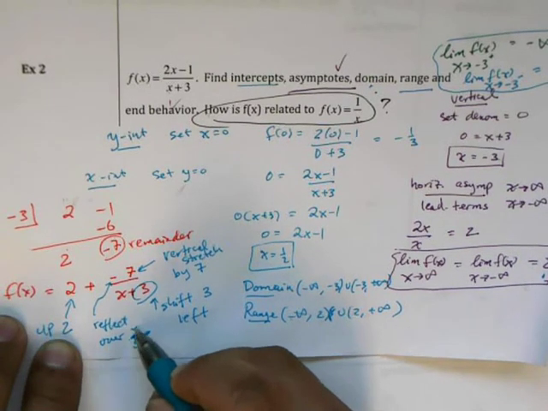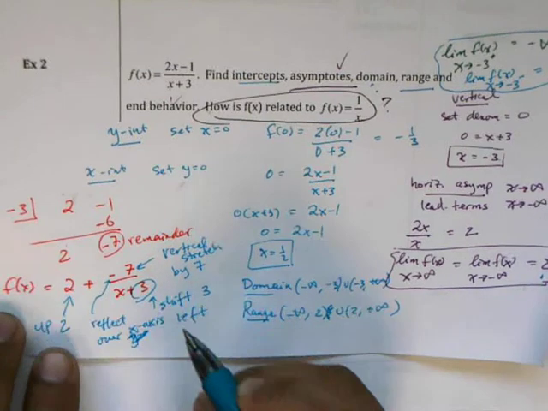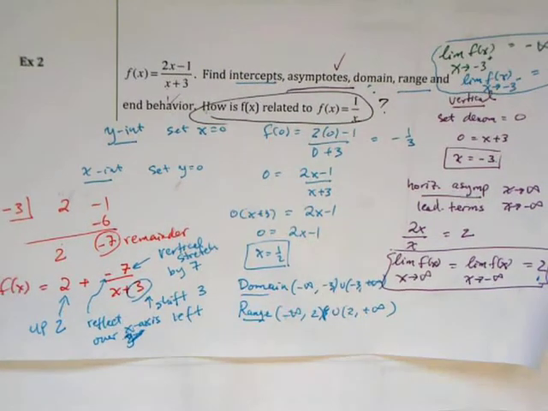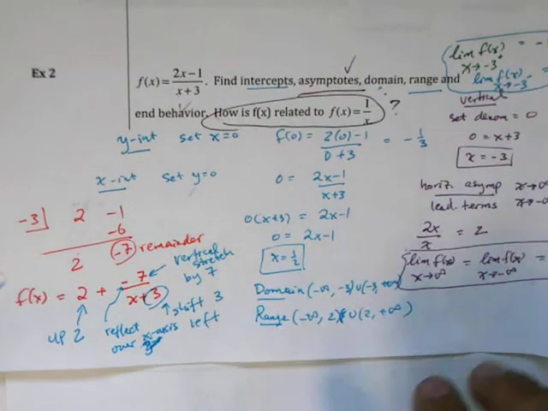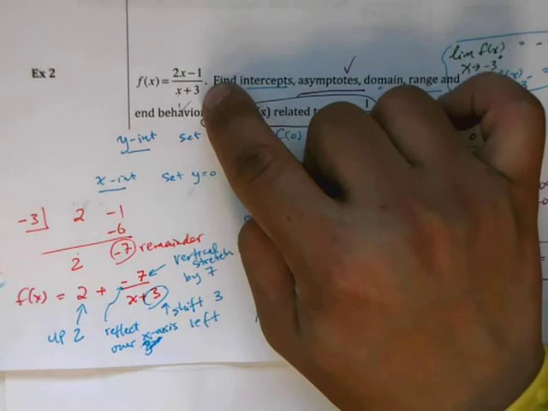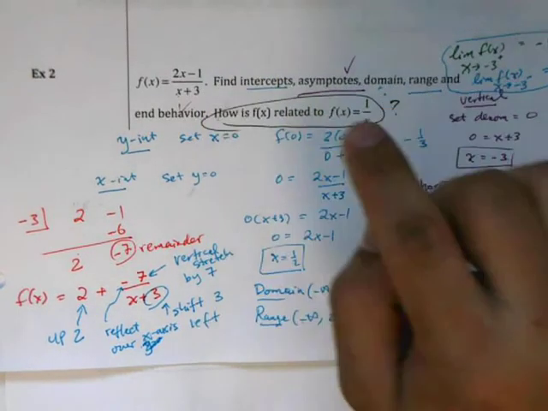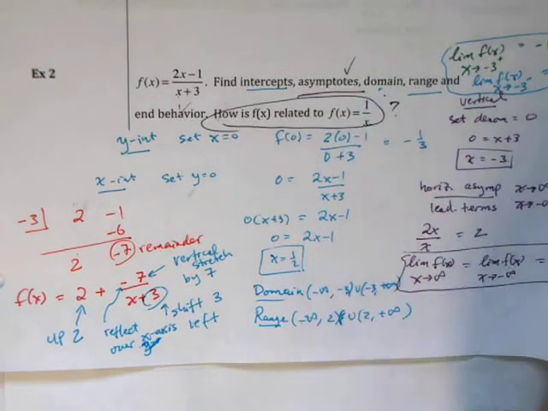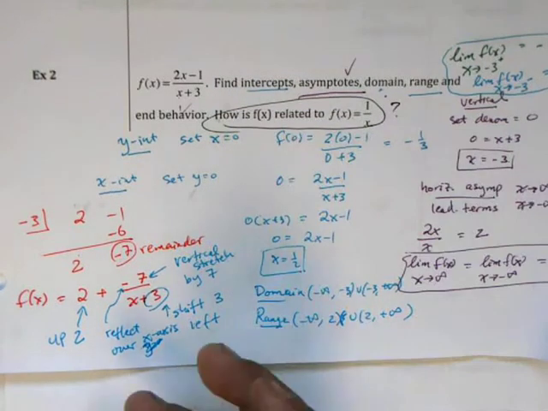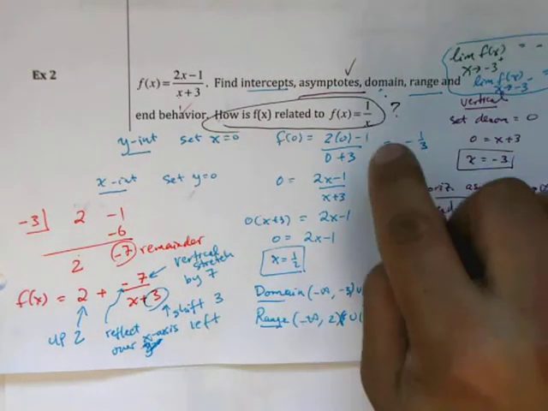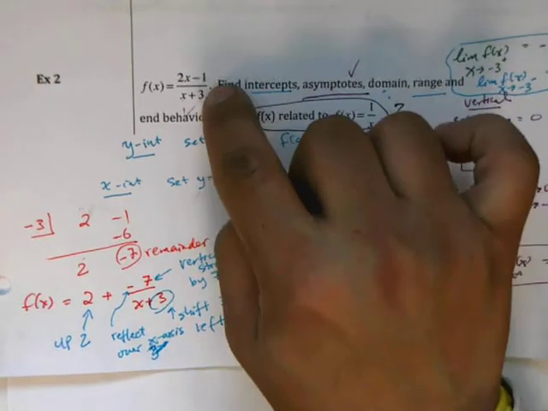I'm sorry, the x-axis. So what's really happening here is that this function is really just a basic transformation of 1 over x.